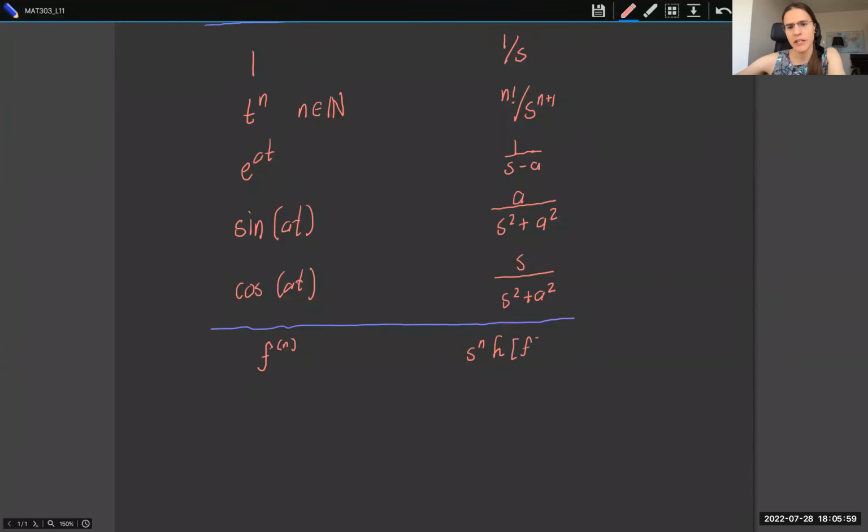And then you go in decreasing orders of s: s to the n minus 1 times f of 0, then s to the n minus 2, if that exists, times f prime of 0, all the way down to f to the n minus 1 of 0.